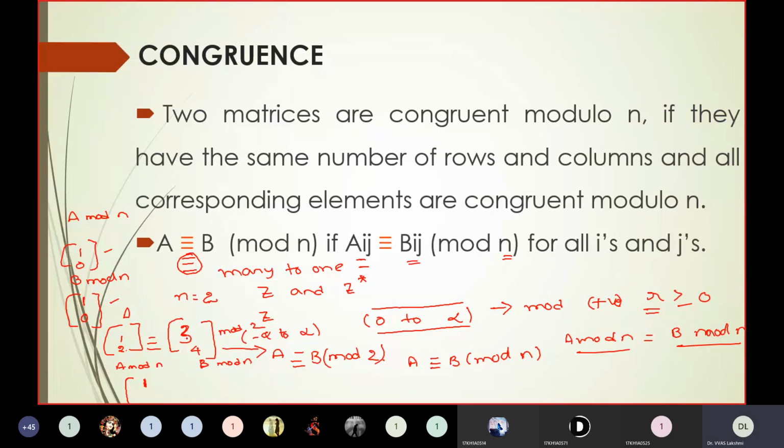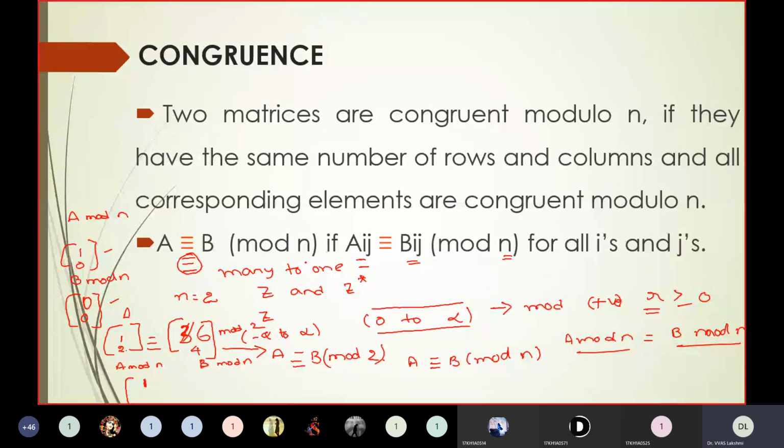Suppose in this example, instead of 3, we use 6. Then what is the value we get? 0. So both of these two matrices are not equal. That's why the congruence operation fails. Is congruence understood now?